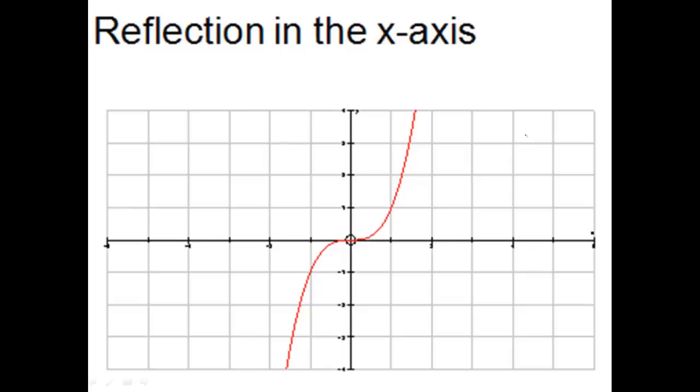Two reflections next. We'll start off reflecting in the x-axis. So the effect that a reflection in the x-axis has is that we use the x-axis as a mirror line. So from here, if we pick that point, it will go to there, and we end up with this curve getting reflected like that.